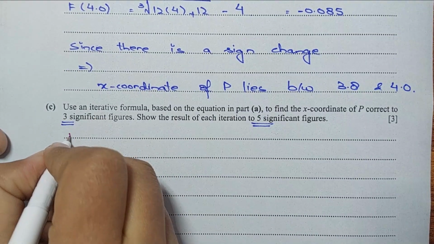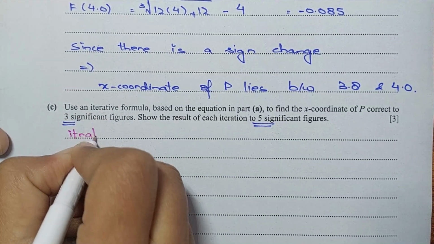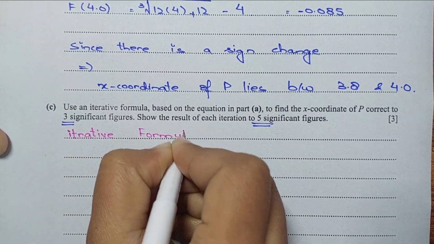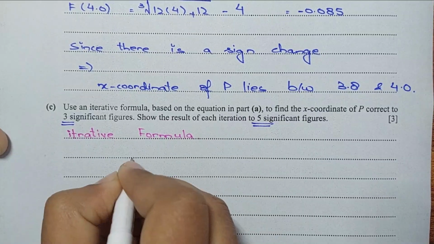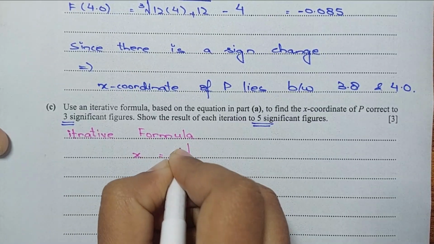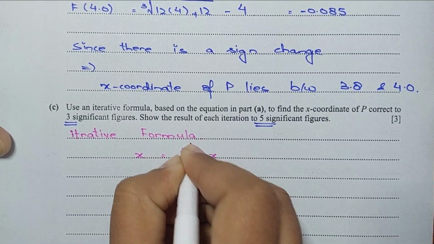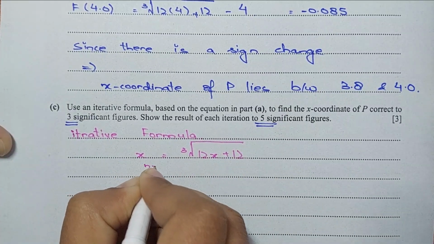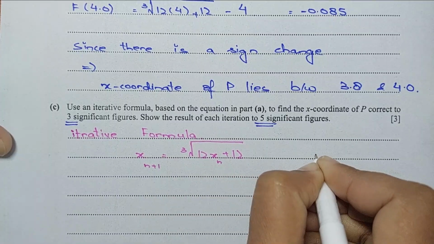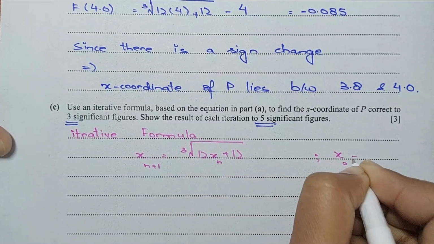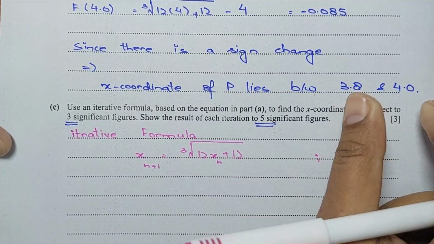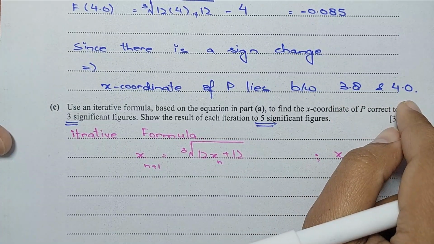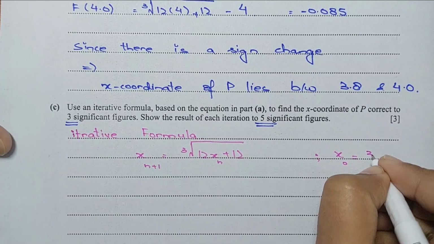Let me write down the iterative formula. The iterative formula is based on part A, where x equals the cube root of 12x + 12. So x subscript n+1 is the cube root of 12 x subscript n + 12, and we need the initial guess. As we have done in part B, the x coordinate of P must lie between 3.8 and 4, so the initial guess must lie between them.